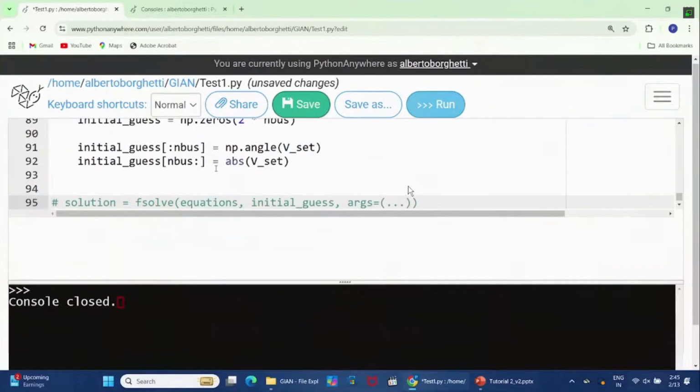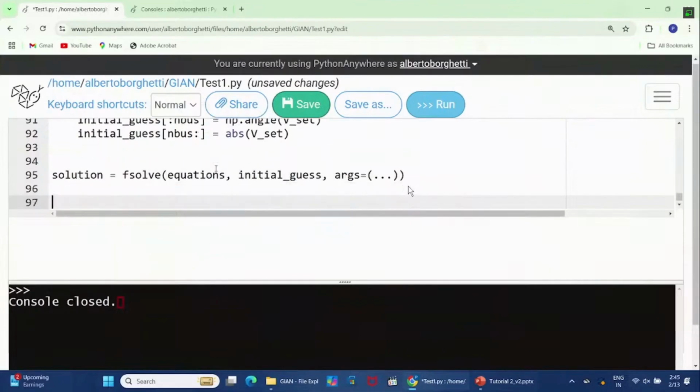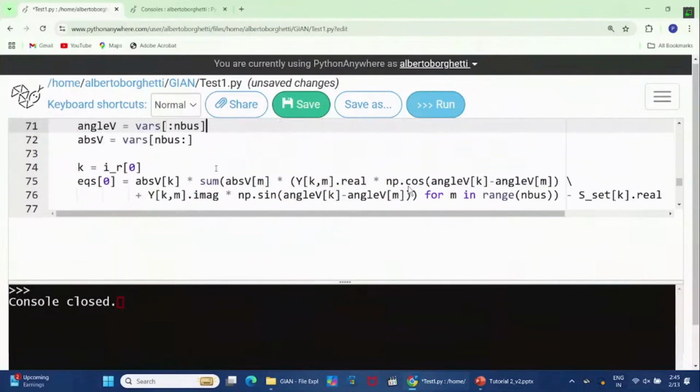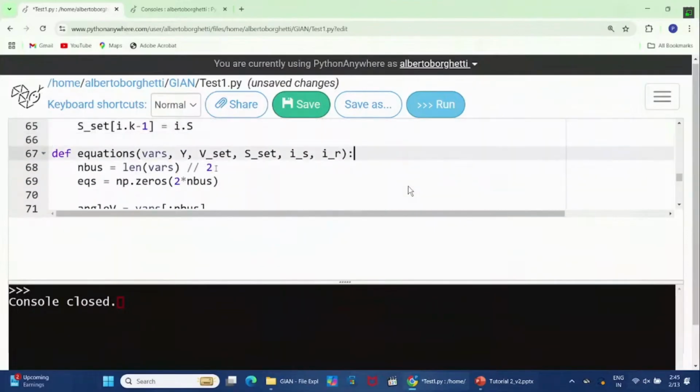We can also take away this hashtag symbol, so it is not a comment, but we just need to put here the arguments. And the arguments are the arguments of the function. So we can go above and take these arguments and put them as the arguments of fsolve.